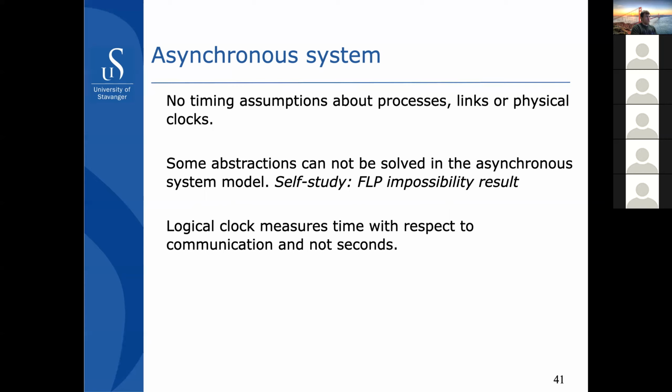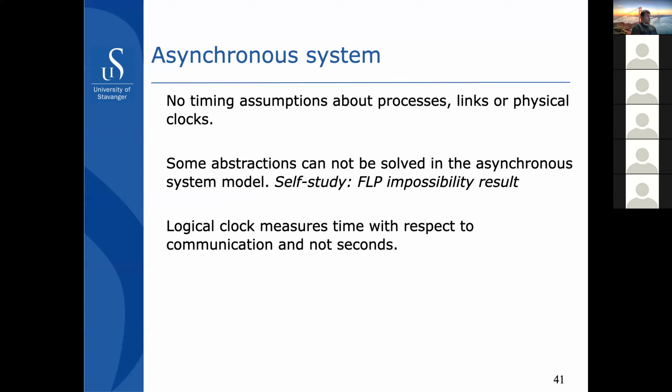One key point is that when it's asynchronous, it's not easy to know if a process has crashed or if there's just a long delay. We will go more into failure detectors, but this is one key point.